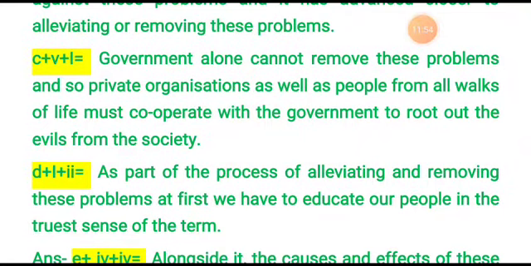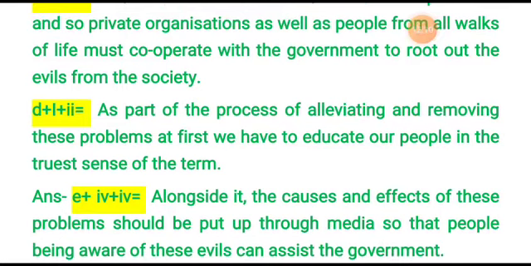C plus 5 plus 1. Government alone cannot remove these problems and so private organizations as well as people from all walks of life must cooperate with the government to root out the evils from the society. D plus 1 plus 2.